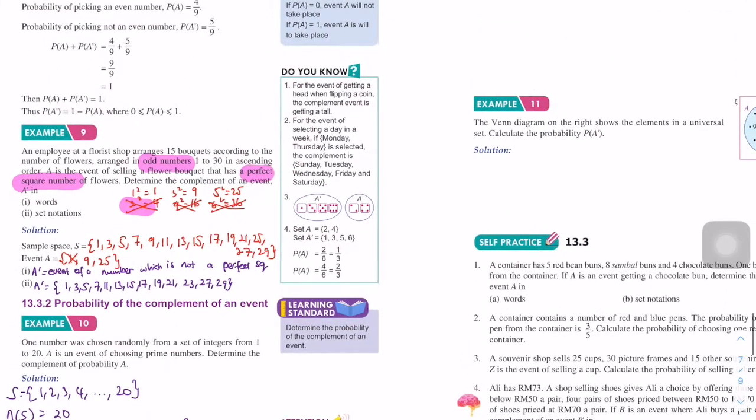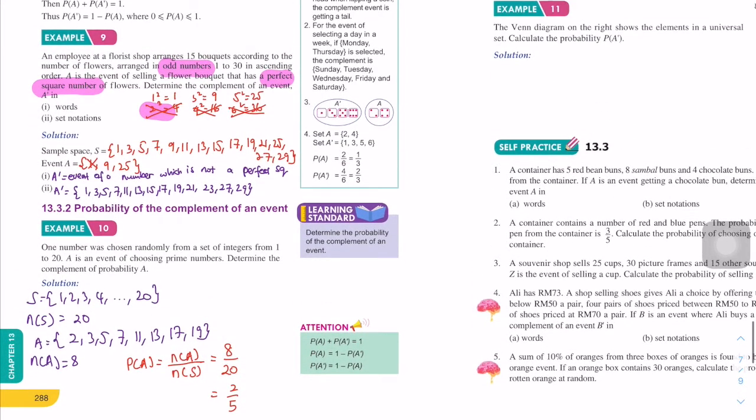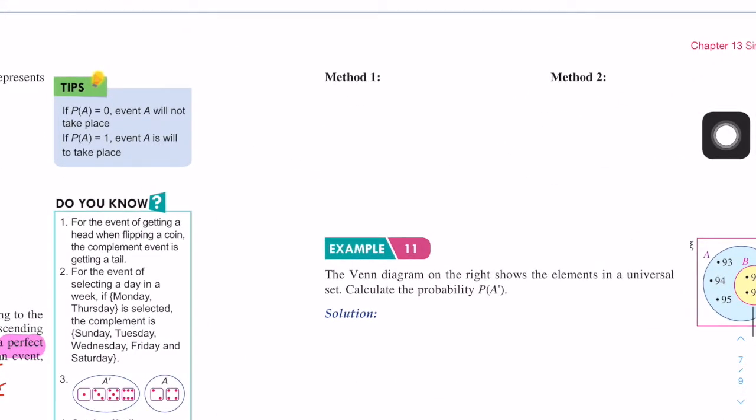So this is P(A). The question asks to determine the probability of the complement. Actually there are two methods proposed to you to find the complement event of A. The first method is by using 1 minus.